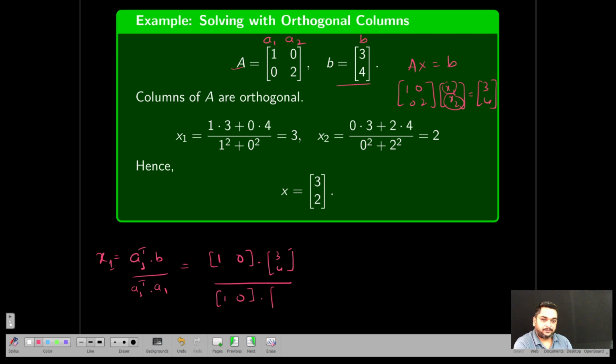What is a1? a1 is 1 0. You see here, 3 plus 4 into 0 is 0, divided by 1. So the solution is x1 equal to 1.